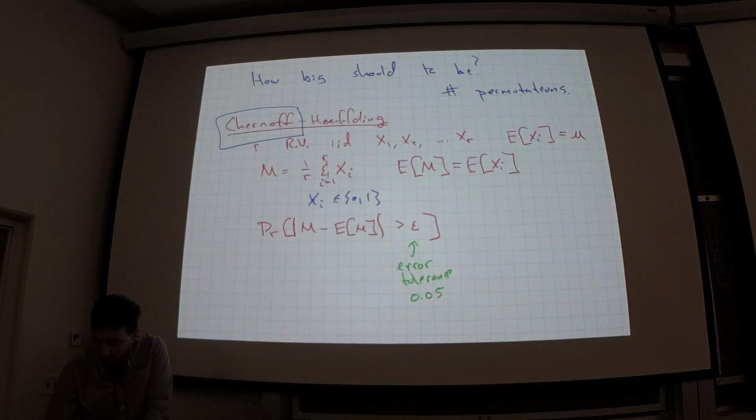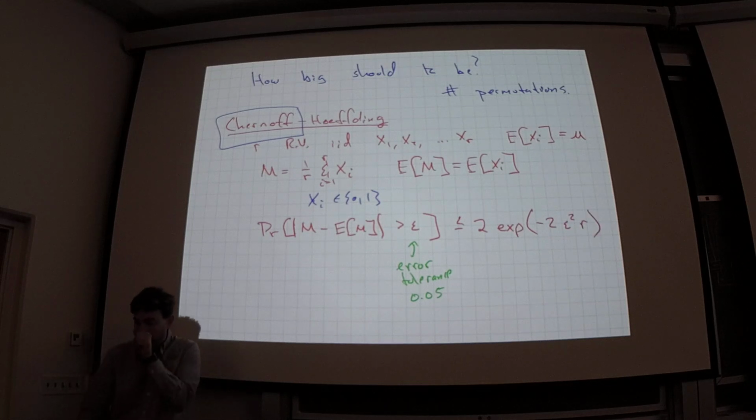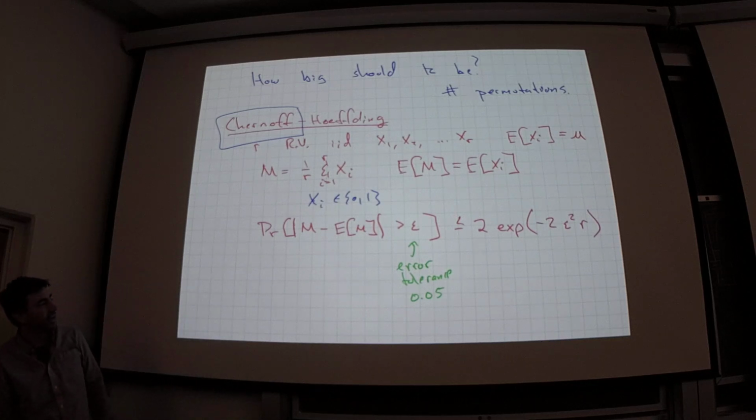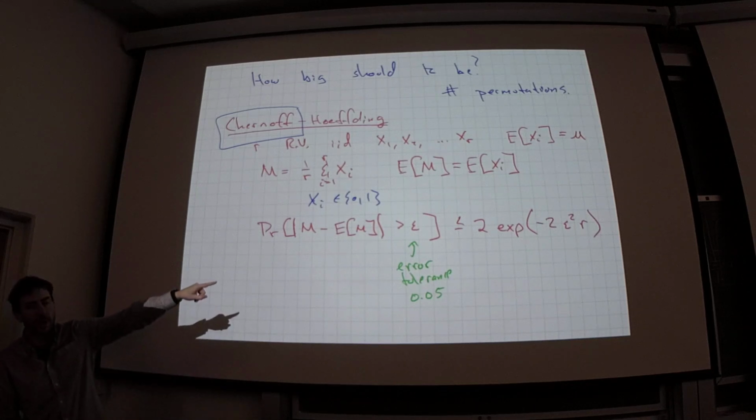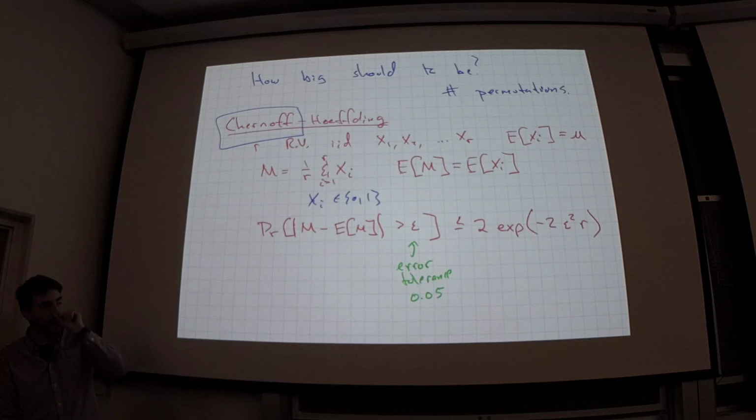The probability that I exceed this error is going to be less than or equal to 2 times e to the power minus 2 epsilon squared times r. So I want the probability to be small. I want the right-hand side to be small.